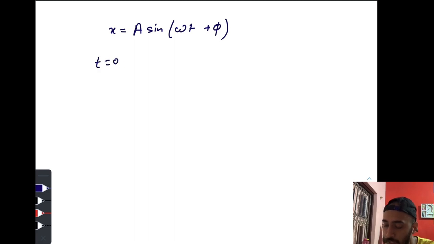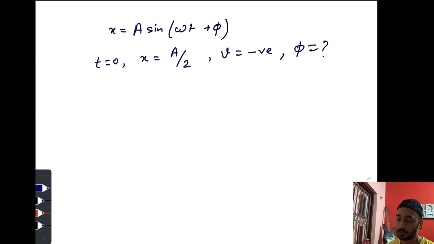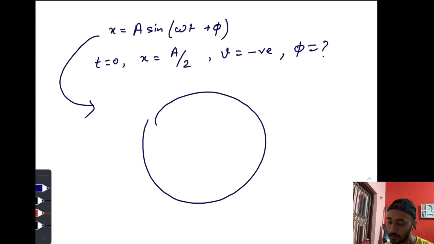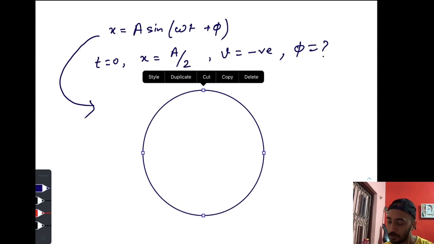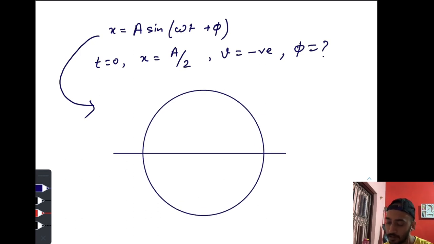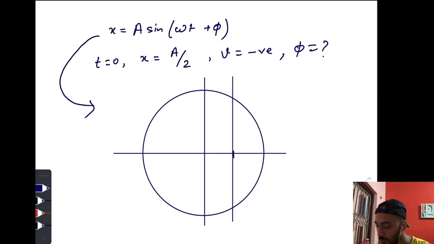So for example, if at t equals 0 it is given that x equals a by 2 and v is negative, what will be the value of phi? If we represent this whole thing in a phasor, let us draw a phasor of radius a, x axis, y axis. At t equals 0, x is a by 2. So of course this line goes from a by 2, this one is a by 2.